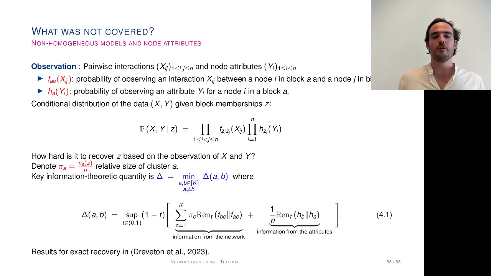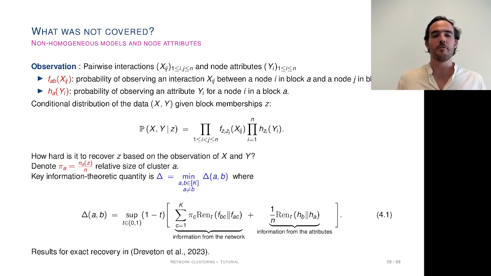A first thing that was not covered is the non-homogeneous model. By that I mean that starting in section 3 on SBM, we assumed a probability P of interaction inside a block and Q across blocks, but you could assume that between different blocks the probability of interaction is really different. This is what we call non-homogeneous, and we can also study SBM with more general interactions than just binary.